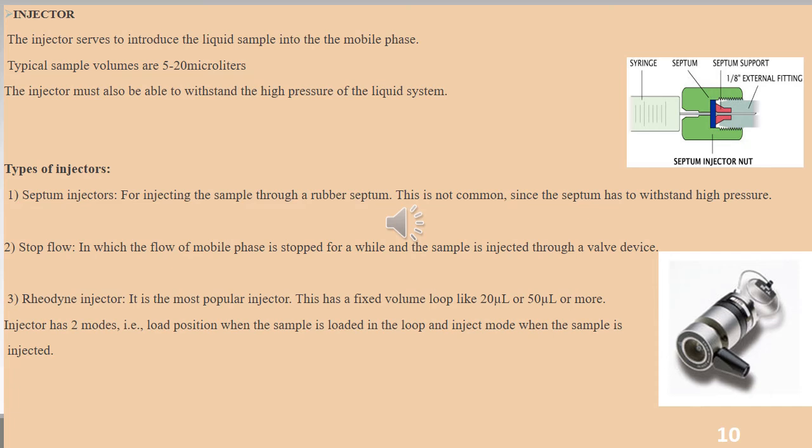This amount depends on two main factors. First, the sensitivity of the detector for these components and the extent of dilution undergone in the column. Thus, the volume to be injected is determined by the concentration of these components in the sample. It is usual to consider that the injection process is independent of the column migration process.